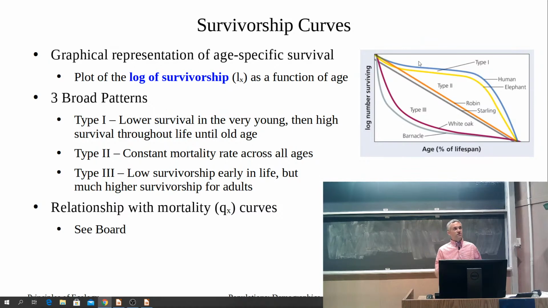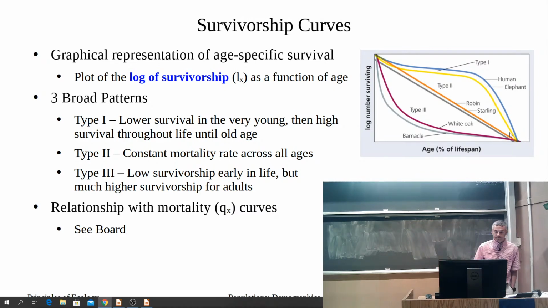So if we looked at the probability of surviving to reproductive age, we have a pretty good chance of doing that. If we survive that early stage, then we have a pretty good chance of surviving to reproductive maturity. And then once we get through reproductive maturity and reach the end of our life, mortality rates pick up and survivorship drops off.